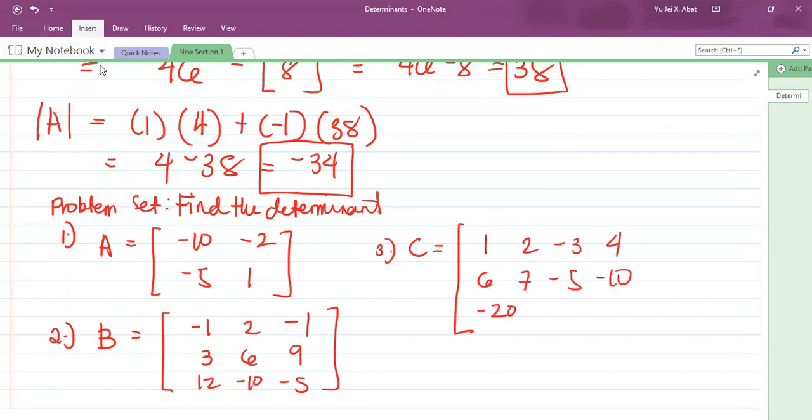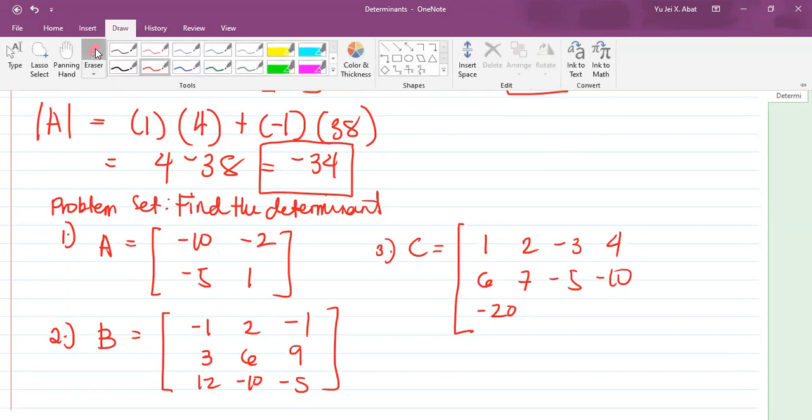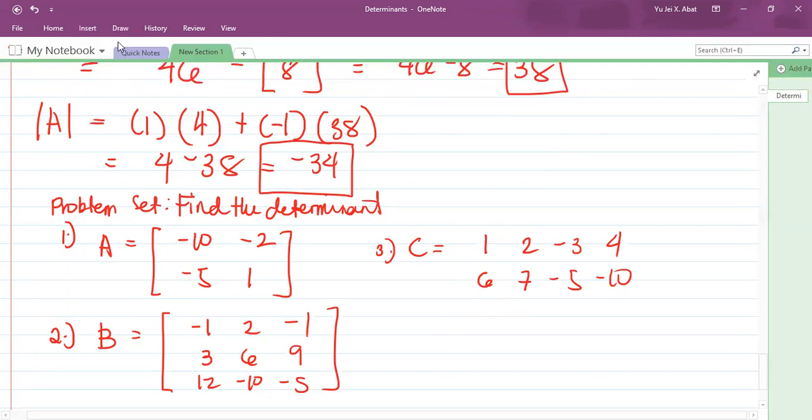Wait lang, medyo hindi ayos yung aking pagkakalagay para align sila. -20, -5, 6, 7, 8, 9, -10, and -2.